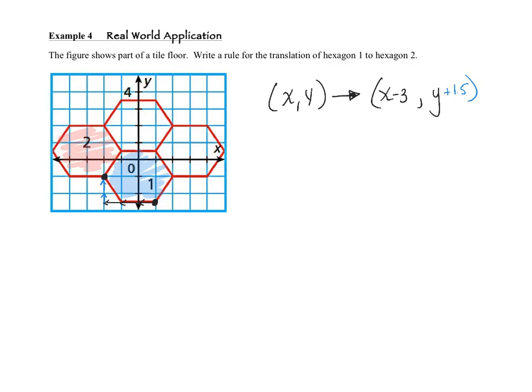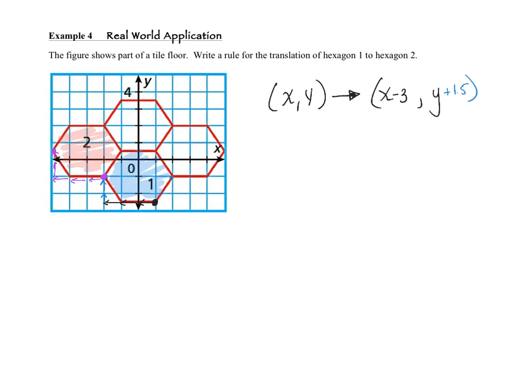And we could see if that works for all the ordered pairs. So if I try it from this coordinate to that coordinate, let's see what happens. We go to the left, 1, 2, 3, and then up 1.5. Yep. So we could try that for all of our points, and it should work each time.